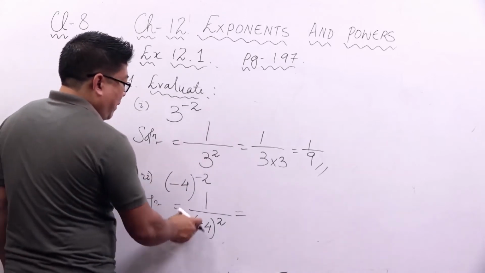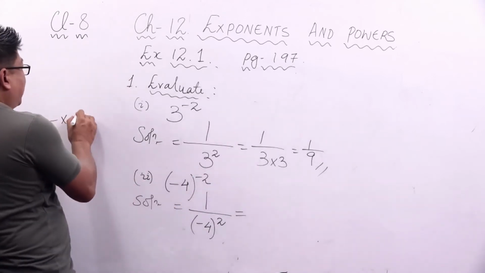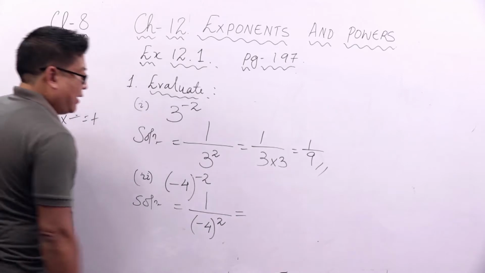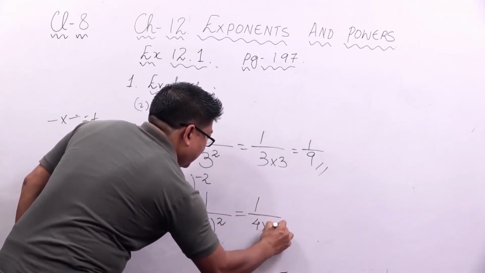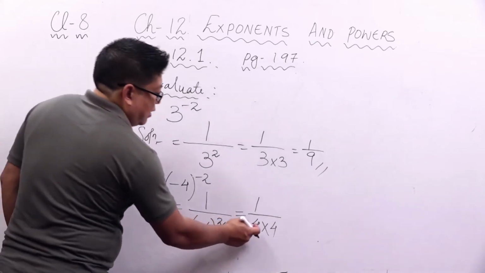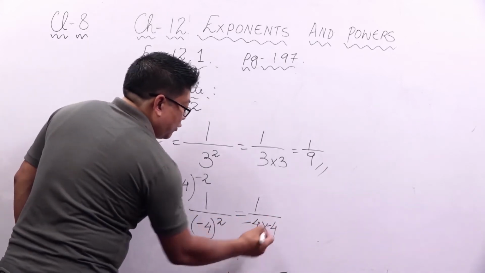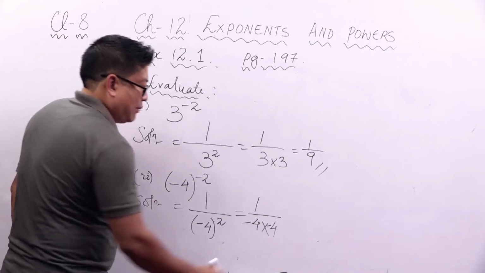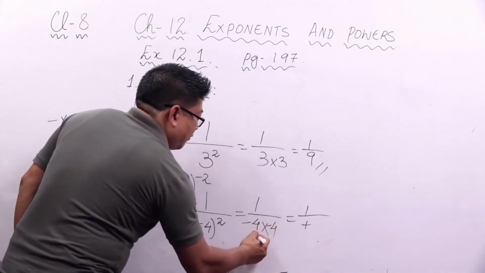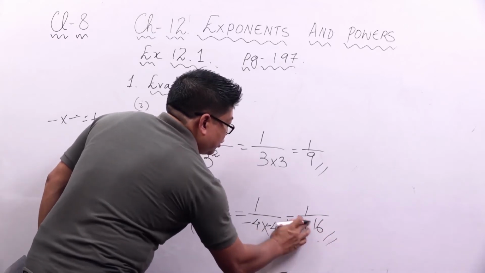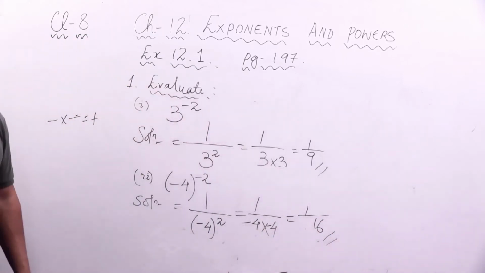So if you multiply minus into minus, you get plus. So this will become plus, and we have to multiply 4 two times. 4 into 4, or we can write minus 4 into minus 4, minus 4 multiplied 2 times. So 1 by, minus into minus plus, 4 into 4, 16. So your answer is 1 by 16.